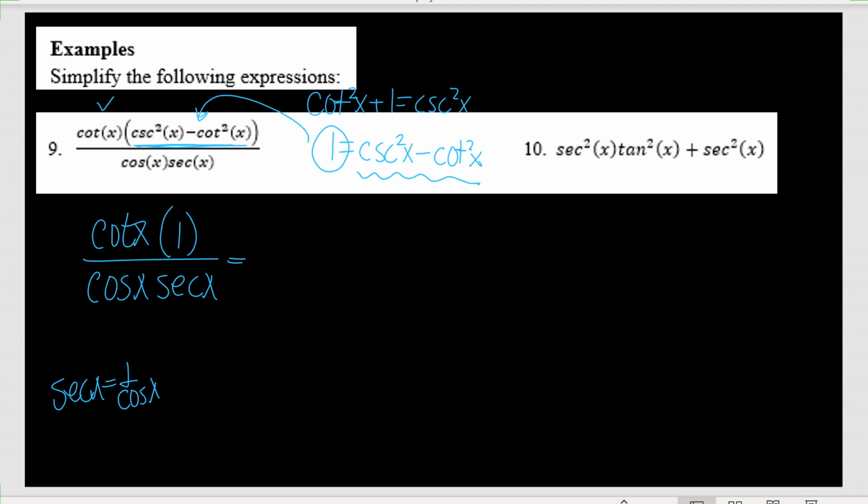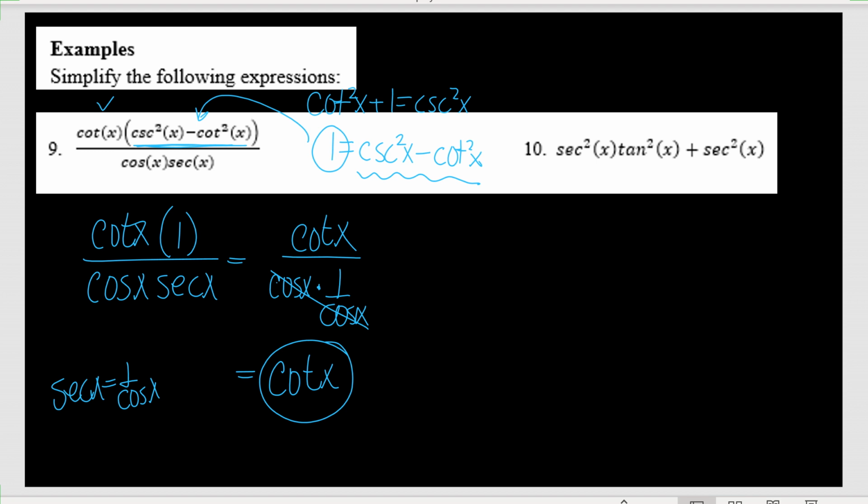So if you want to write this as cotangent of x divided by cosine of x multiplied by its reciprocal, 1 over cosine, that will prove to you that when we multiply the reciprocal identities, or any reciprocals, they're going to give us either 1 or negative 1. Okay, so that simplifies to give me cotangent of x over 1, which is just cotangent of x. Awesome. That one looked really bad, and it turned out to not be that bad.